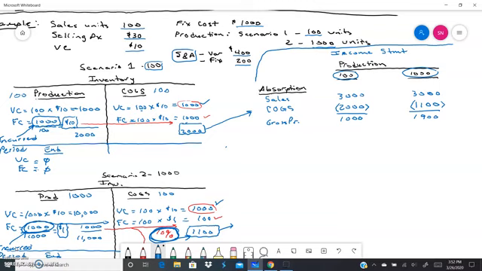So that was what we did before. Next we'd have our operating expenses, so selling and administrative expense. And of course here, we don't break them out between fixed and variable. We would have a total of 600 for both scenarios.